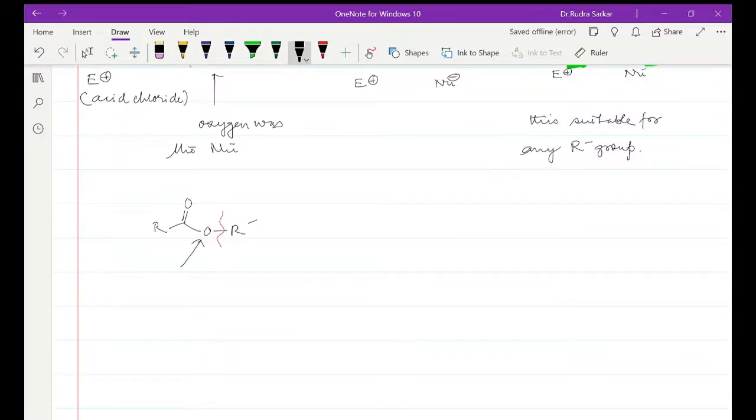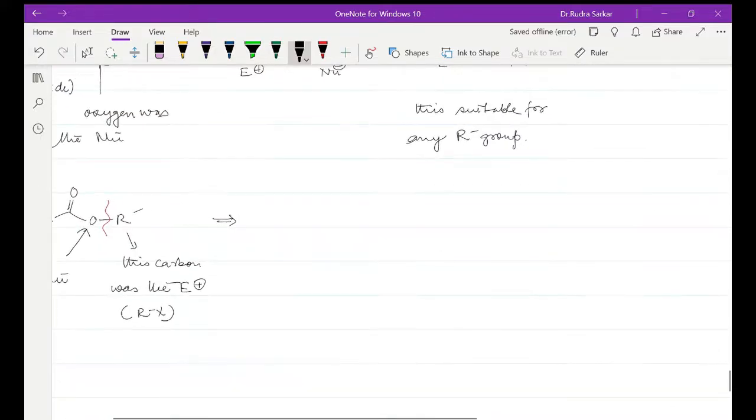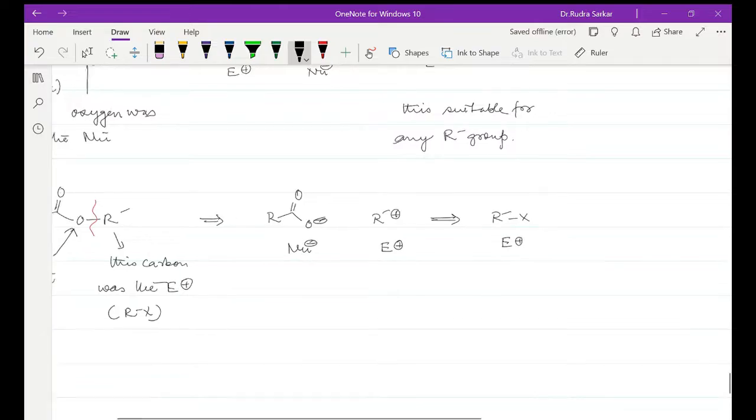And as before, we will say this particular oxygen was the nucleophile and this carbon was the electrophile, that is R prime X. So on disconnection, the synthons produced out here are the carboxylate, which is our nucleophile, and R prime plus will be our electrophile, for which the synthetic equivalent will be the alkyl halide having the electrophilic center.